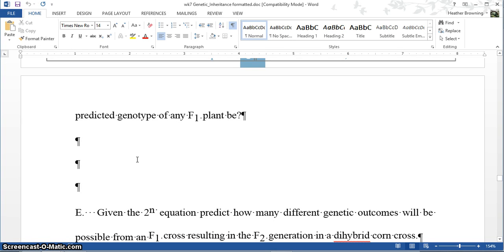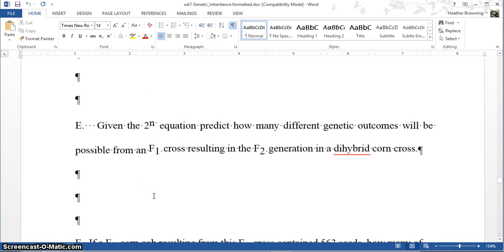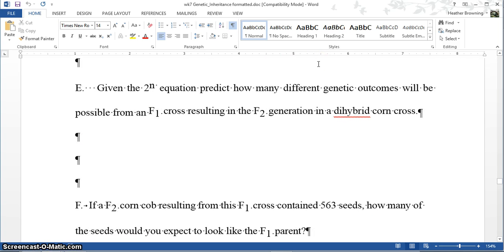Okay, and then we are up to: given the 2^n equation, predict how many different genetic outcomes would be possible. So 2 to the nth, and they're saying that in a dihybrid, so how many traits are you crossing?